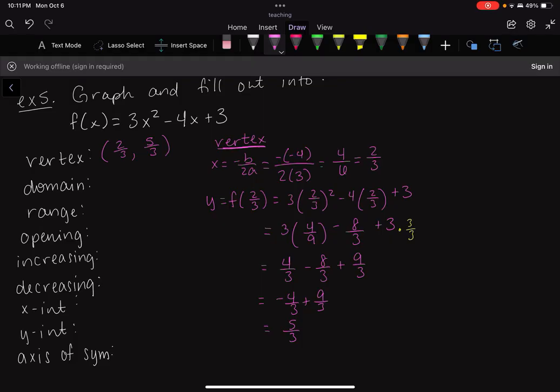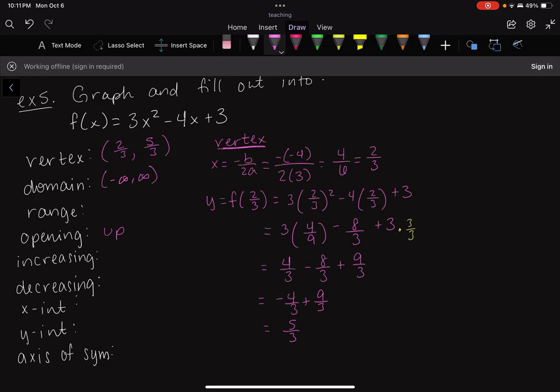My domain is negative infinity to infinity. My range, don't know just yet. I like to graph it first. My a value is a positive a, so that means it's going to open upwards. Increasing, decreasing.